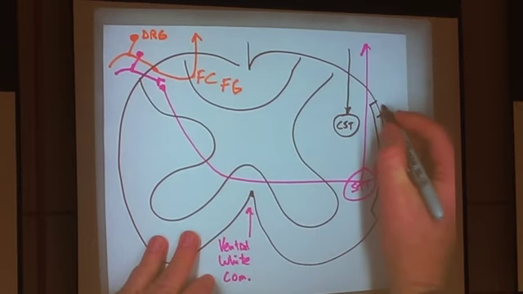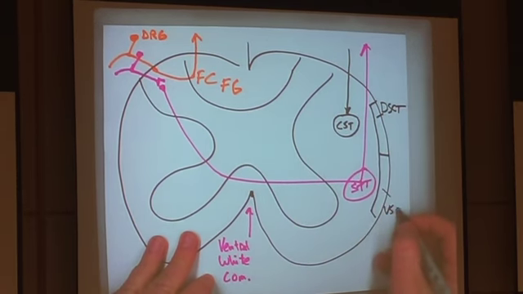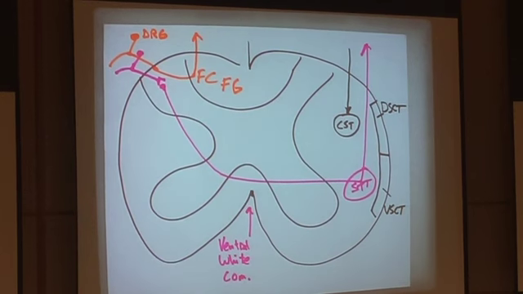So for the lower extremities, we have the dorsal spinocerebellar tract and the ventral spinocerebellar tract. Okay, there are two for the upper extremities as well, but I'm just going to label here in this diagram the two for the lower extremities.